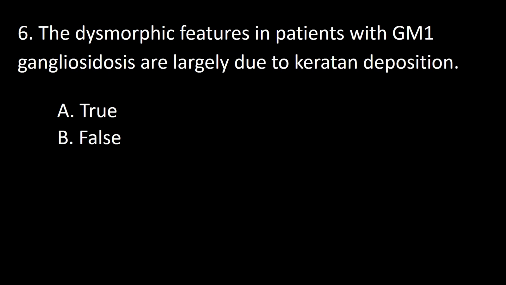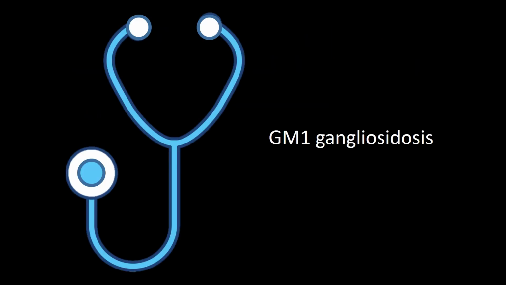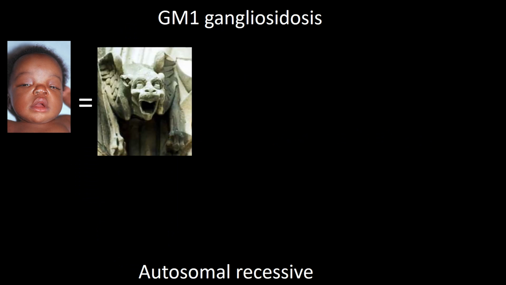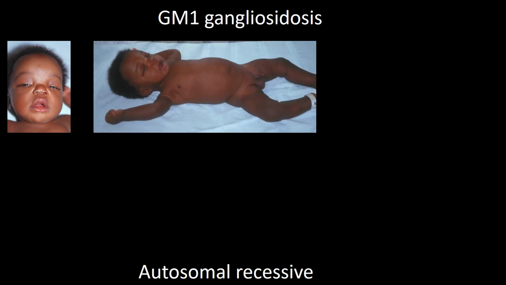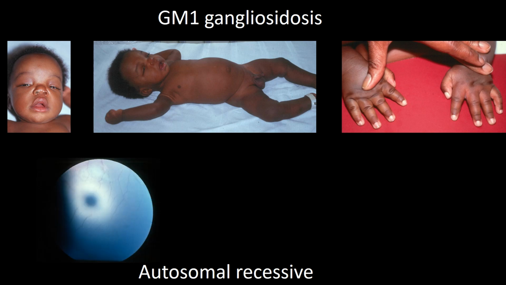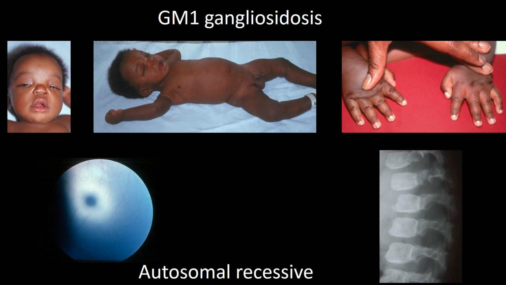Next question. The dysmorphic features in patients with GM1 gangliosidosis are largely due to keratan deposition. A true, B false. The clinical picture of GM1 gangliosidosis consists of coarse faces, often referred to as gargoyle-like, developmental delay and hypotonia, enlarged liver, dysmorphic fingers disproportionately thicker at the root than at the tips, cherry red spot, and bone dysostosis.